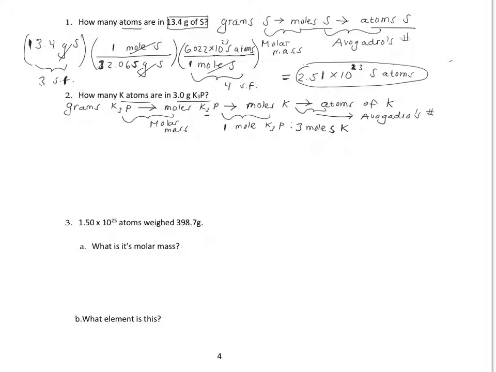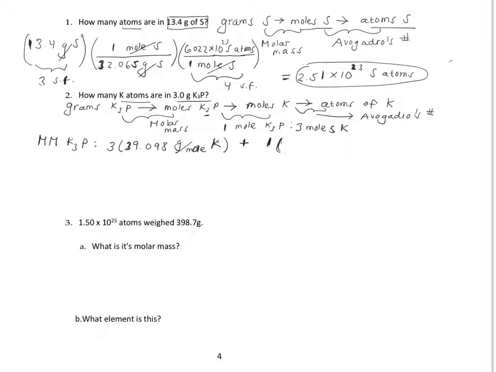So let's go ahead and also calculate our molar mass for K3P, since we're going to use that to go from grams to moles. So we're going to take 3 times the molar mass of potassium plus 1 times the molar mass of phosphorus.